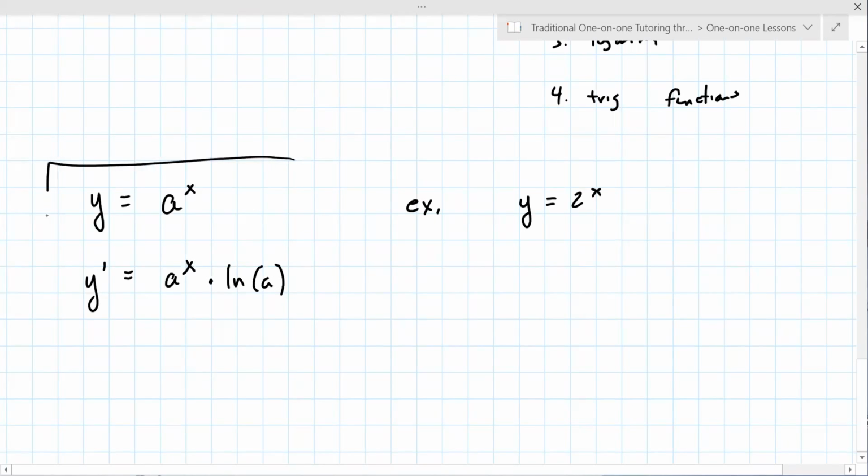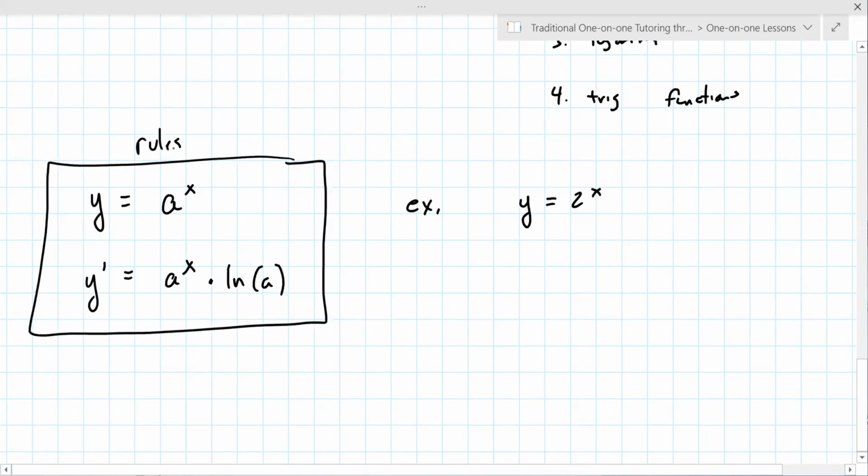These are derivative rules that you have to know. Over here on the right, we'll do an example. y equals 2 to the x. So the derivative is itself, the same thing, times the natural log of 2, because 2 is the base.